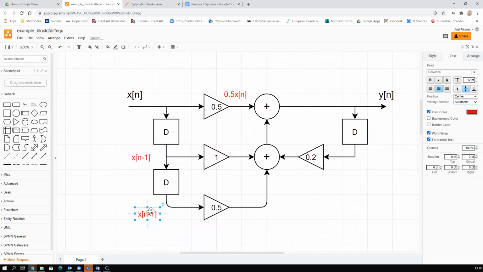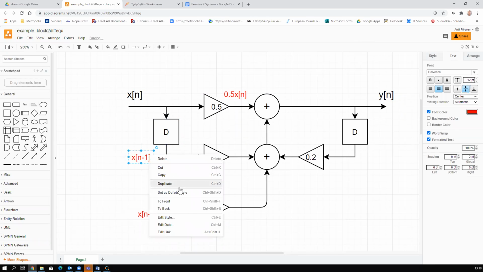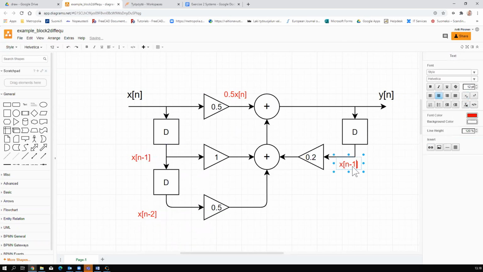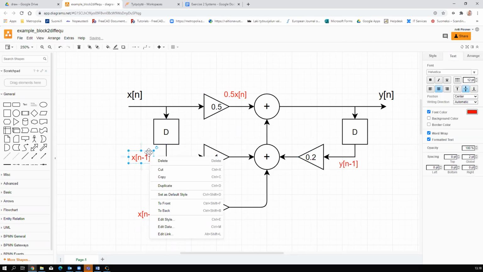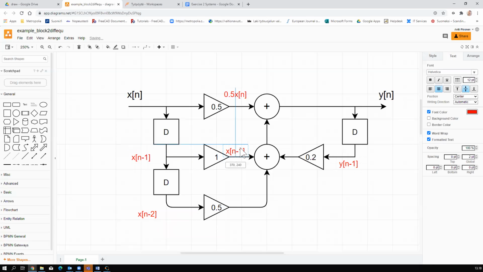Here we have x of n minus 2. At that point, we have y of n minus 1. Okay, and here duplicate that one. Still the same here.